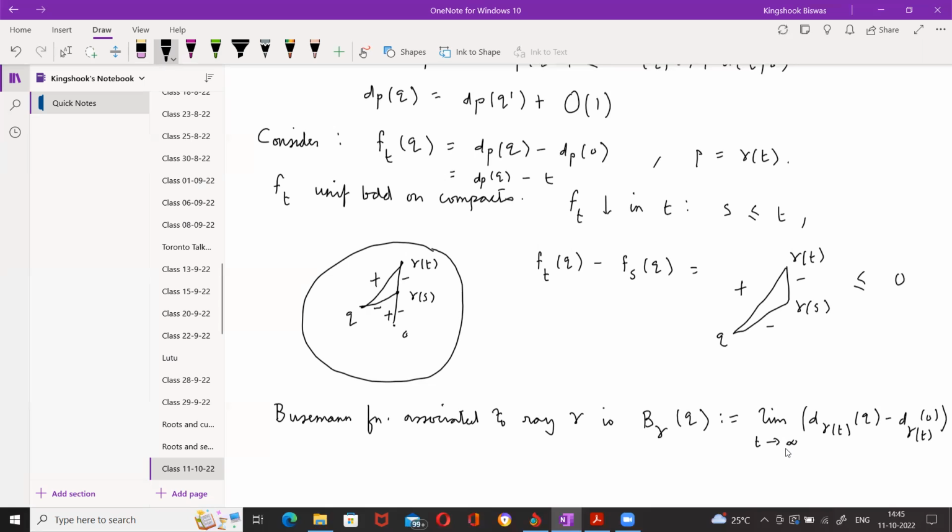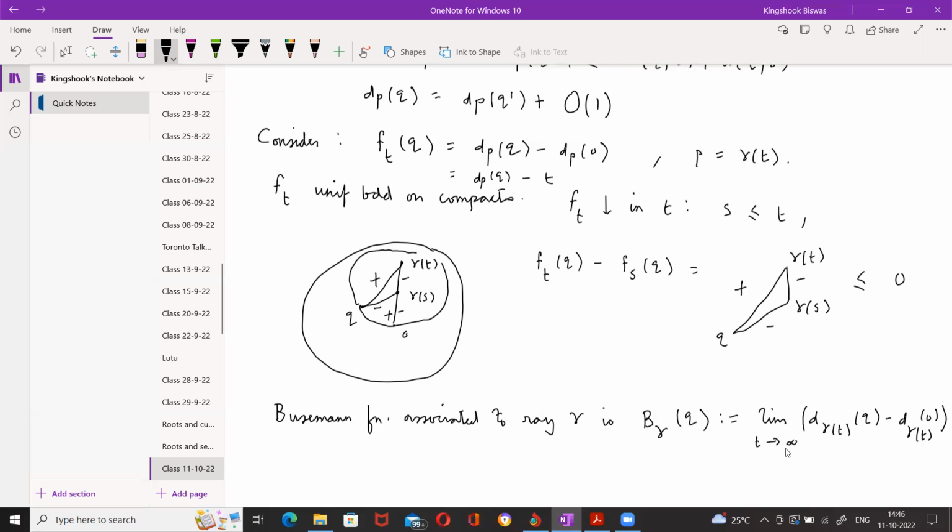Okay. Now, the level sets of the Busemann function, what will they be? Well, what are the level sets of these functions f t? The level set of f t will be basically spheres around gamma t, because this f sub t is just the distance function from gamma t minus a constant.